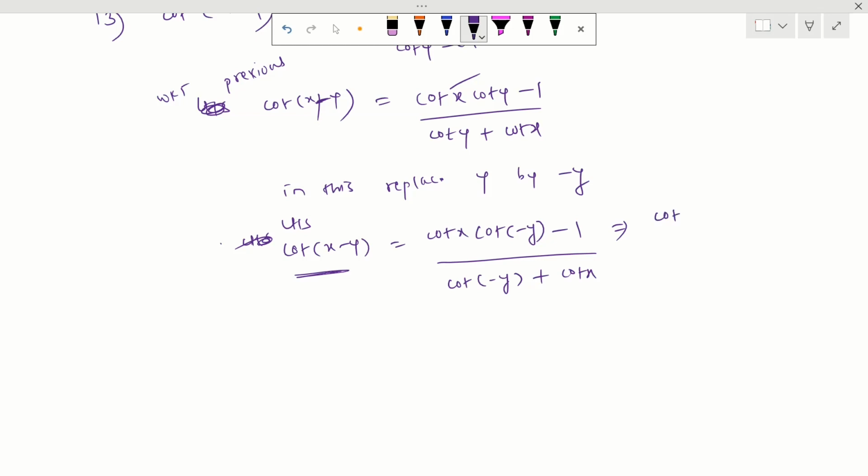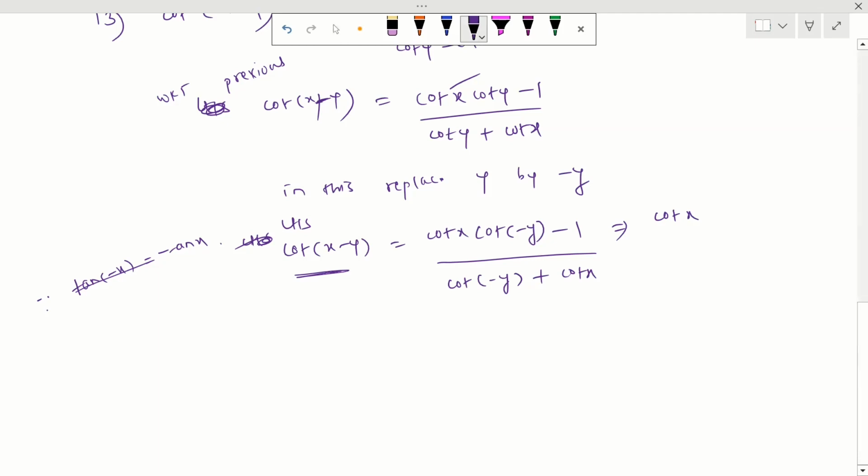Now this is the LHS, and we have to prove the RHS term. Cot x stays cot x. What is cot of minus y? We know that tan of minus x is minus tan x. All these reasons you have to write inside here.